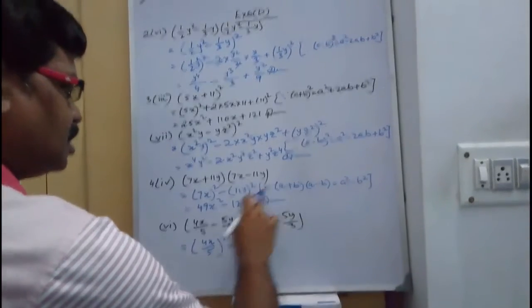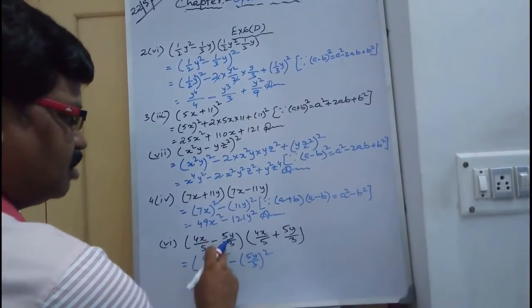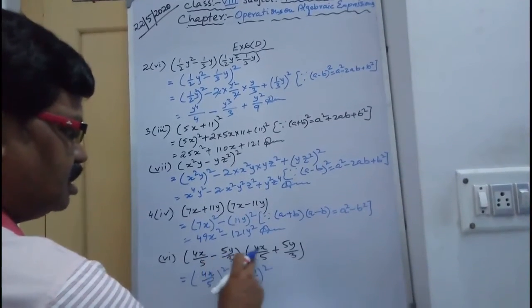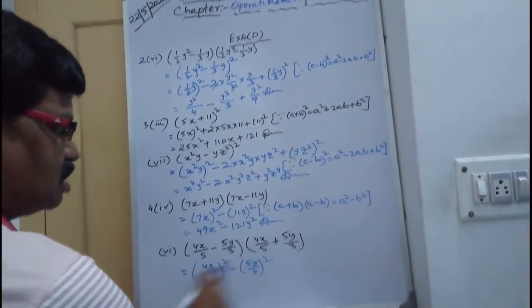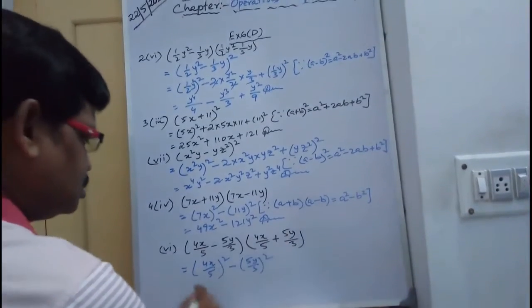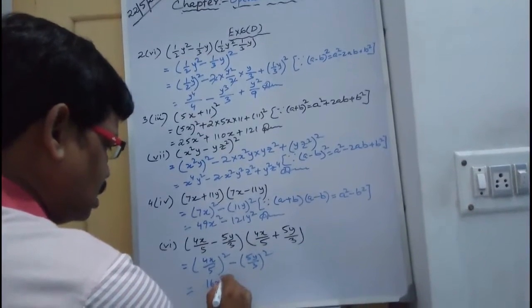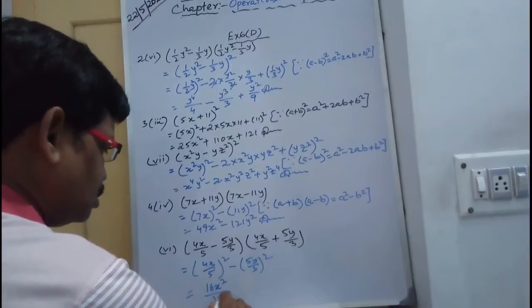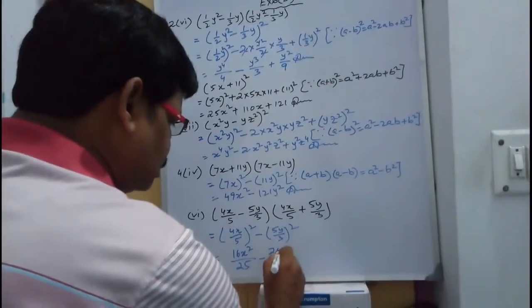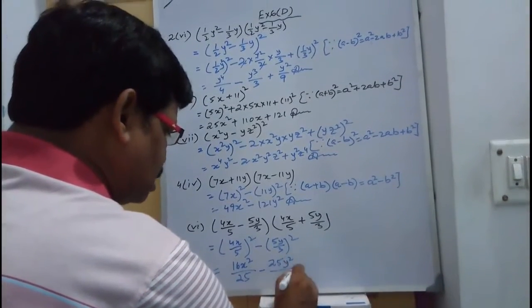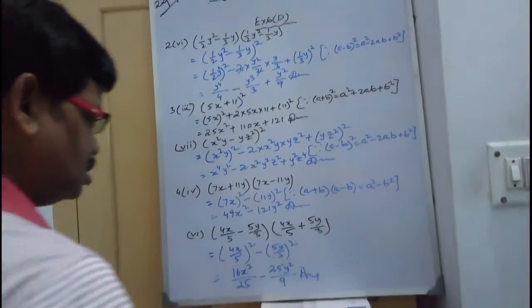In place of a, here is 4x/π. In place of b, here is 5y/3. So (a − b)(a + b) is equal to a² − b². So 16x²/π² minus 25y²/9. So this is the answer.